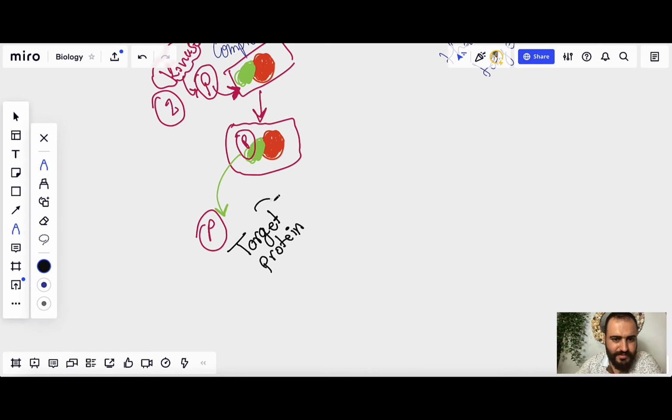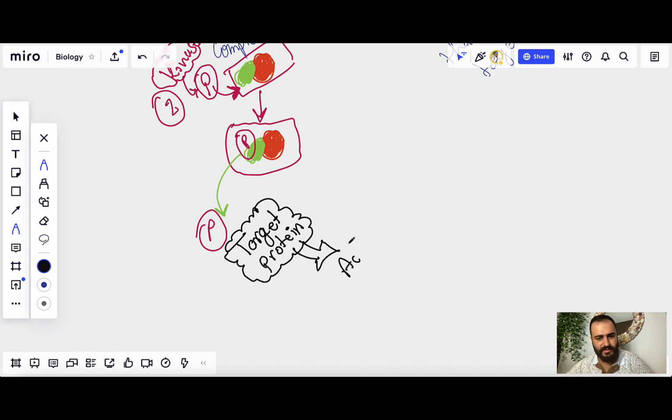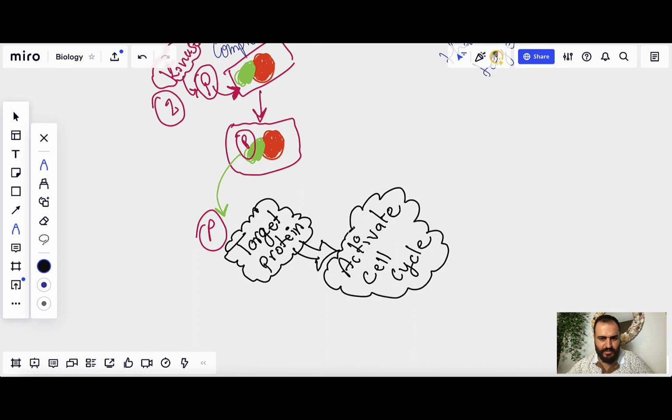Now, at the school level, we don't have to know the name of the target protein and how it works. All we have to know is that this target protein is the one that will activate the cell cycle. And for this target protein to be activated, it needs to be phosphorylated.